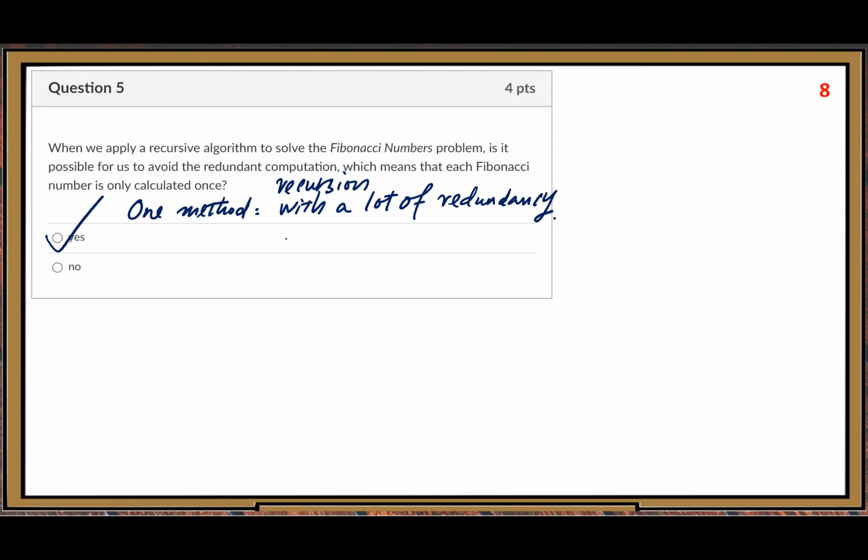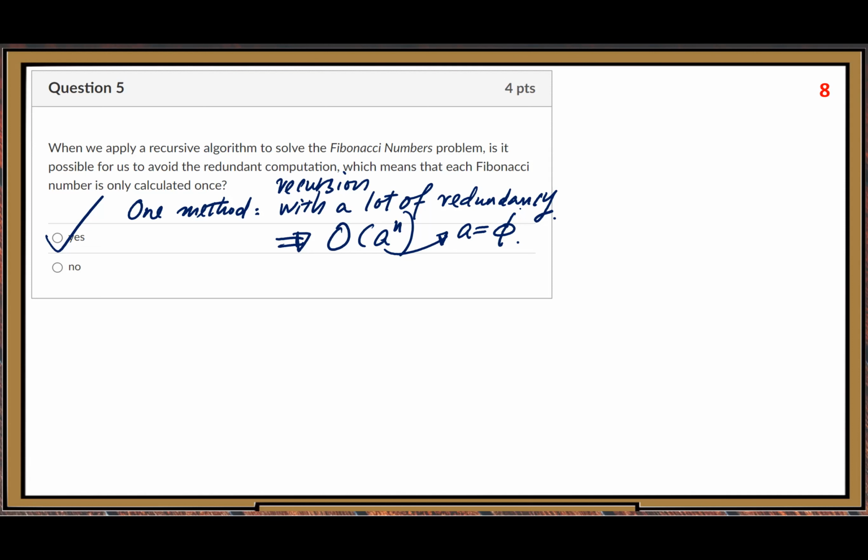That one is big O of exponential, where a is the golden ratio. A equals that golden ratio. That one.